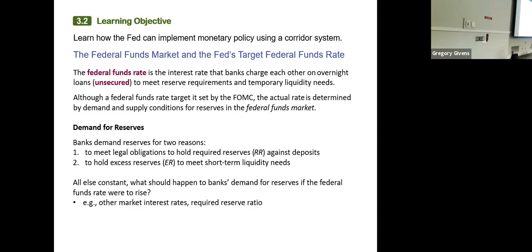So overall in the banking system, there's going to be a larger demand for bank reserves as the funds rate falls. In other words, what we've described here is a downward sloping demand curve for bank reserves in the federal funds rate. As the funds rate rises, the quantity demanded of bank reserves system-wide goes down, and vice versa.